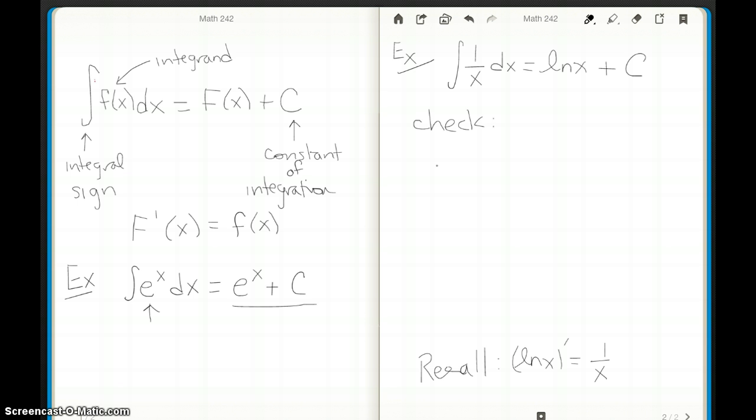Be sure we get the function that we started with. So is it true, remember this is the notation for the derivative, that we can take the derivative of ln x plus a constant, and what is the derivative of that thing? The derivative of ln x is 1 over x, and the derivative of capital C is 0. So there's nothing, right? So this in fact does check, right? We get a check because the derivative of the right-hand side is in fact the integrand.